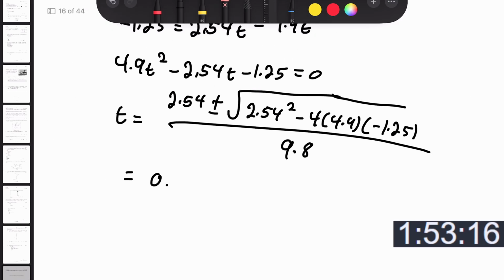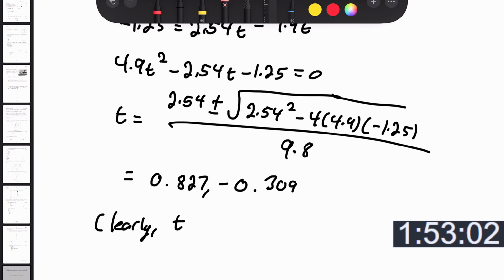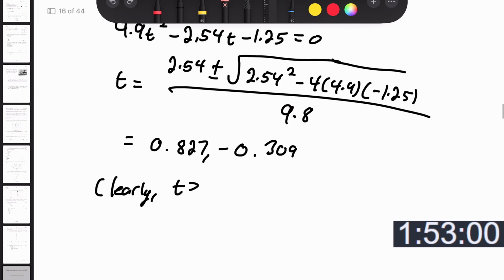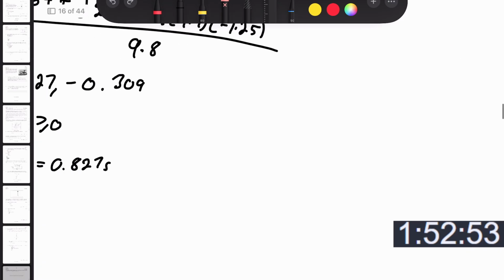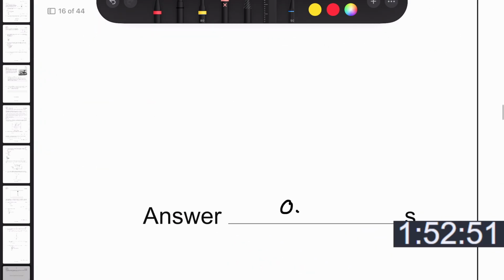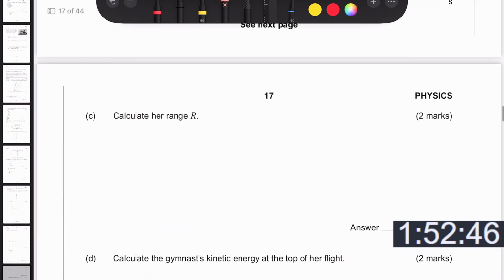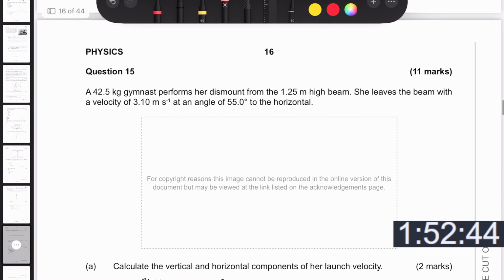So 0.827 or negative 0.309. Clearly t must be greater than or equal to 0. Therefore t equals 0.827 seconds. So 0.827. Yes. Calculate her range R.